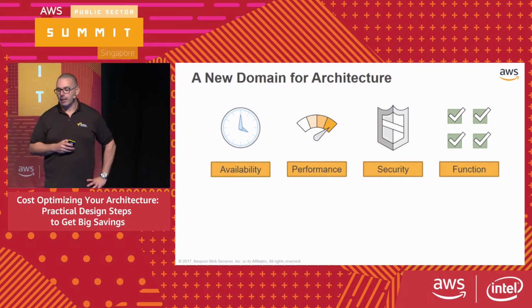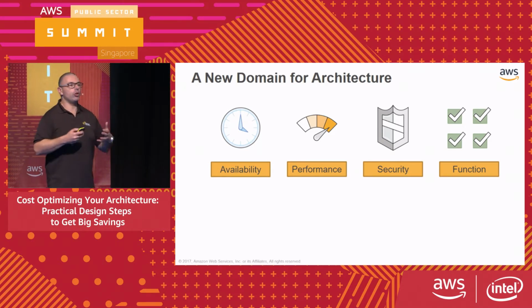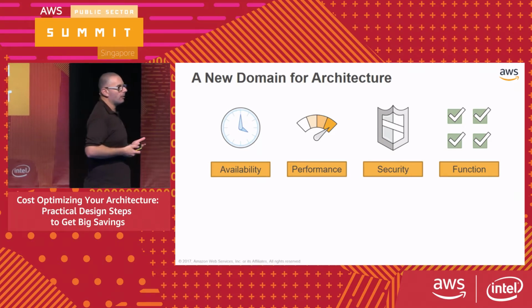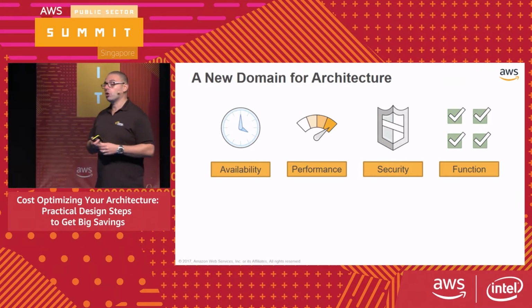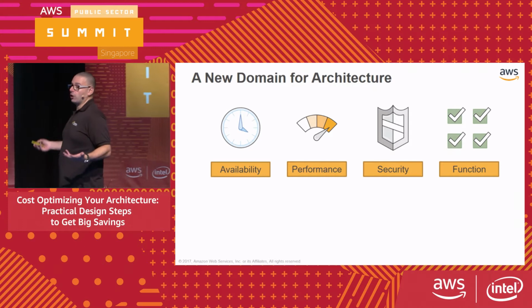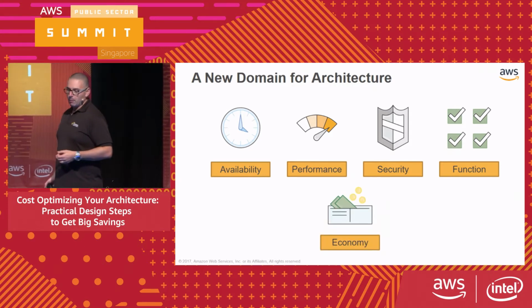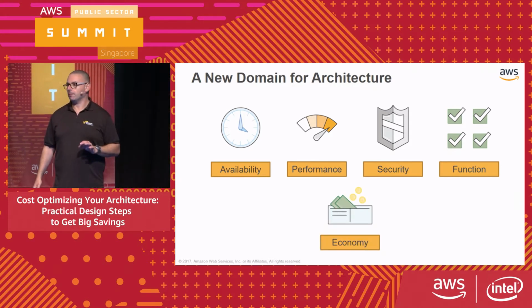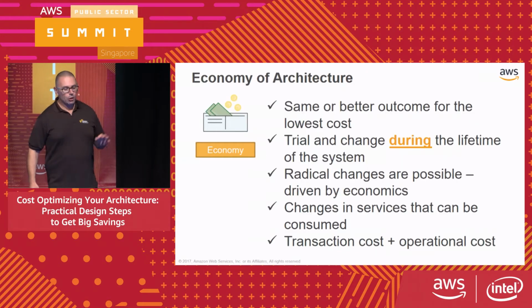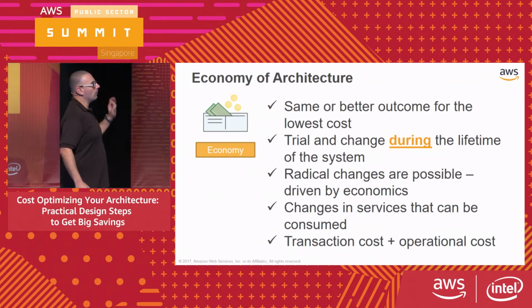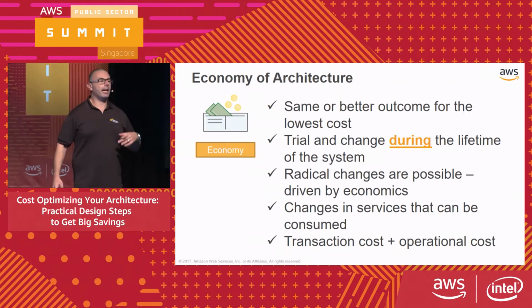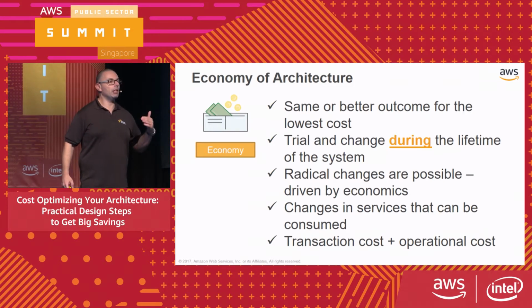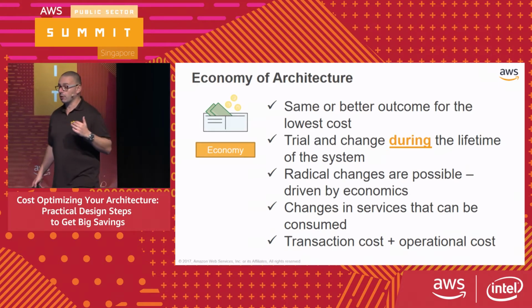So let's talk about architecture. Now, I believe there's a new domain for architecture that we need to think about. In the past, we've thought about availability, performance, security, and of course, functionality of what we're doing. But how many people think about economy? So you can think about how economical your architecture is through its life cycle. You can see how you can attain the same or better capability for lower cost than you're currently doing it.